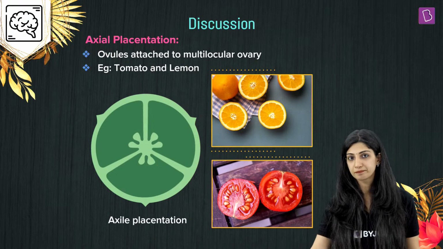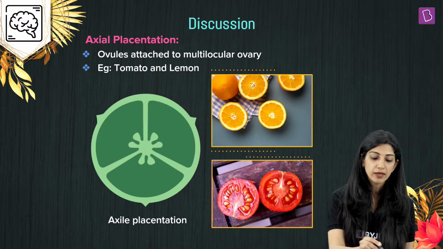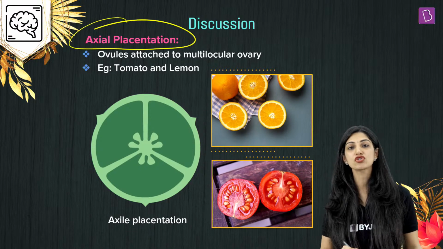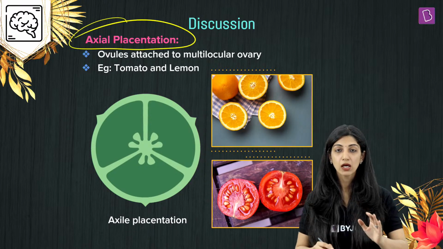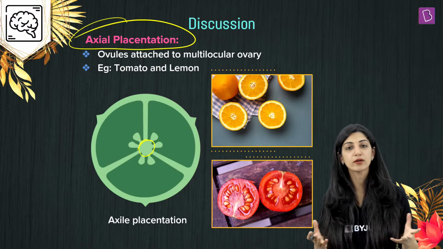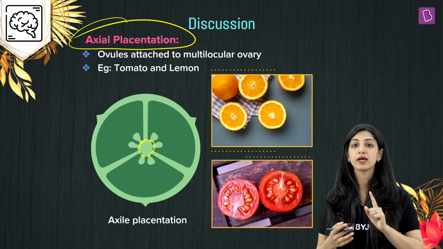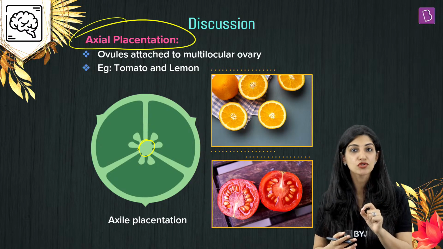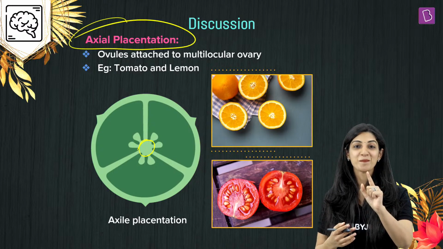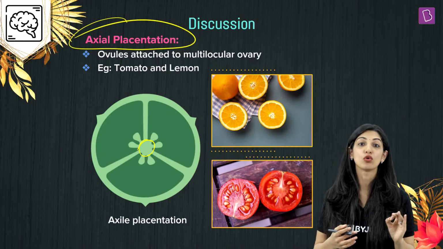Axial placentation. No need to memorize. In the name itself, axial placentation, it is quite clear. The ovules are present at the central axis. Is that all? No. I tell you today, out of all the placentations in your syllabus, only axial placentation is for multilocular ovary.